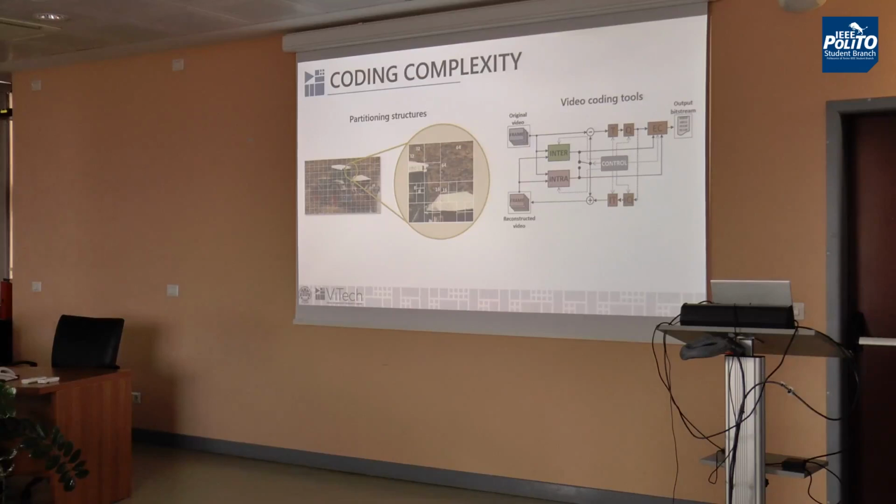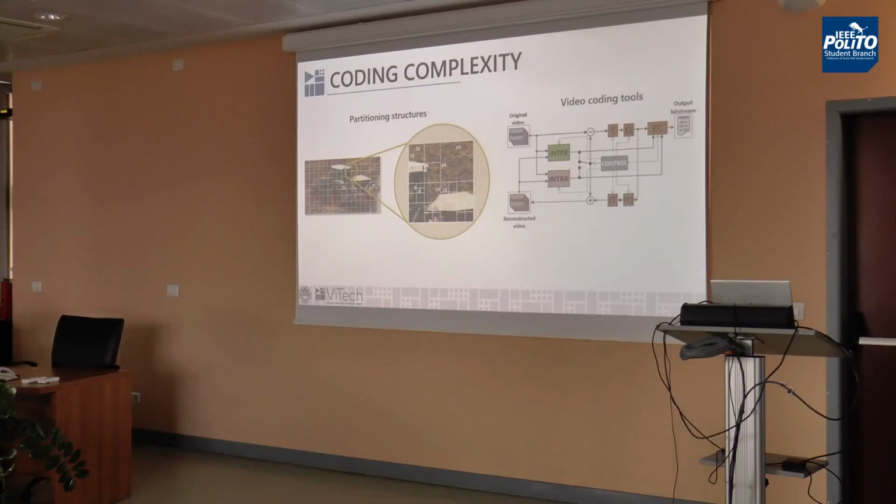Intra means that you are using spatial neighborhood to guess the content, and inter means that you are using temporal neighborhood. I mean, one frame really looks like the other, like 30 FPS means 33 milliseconds, so it really doesn't change that much, so you can bring information from the previous frames.